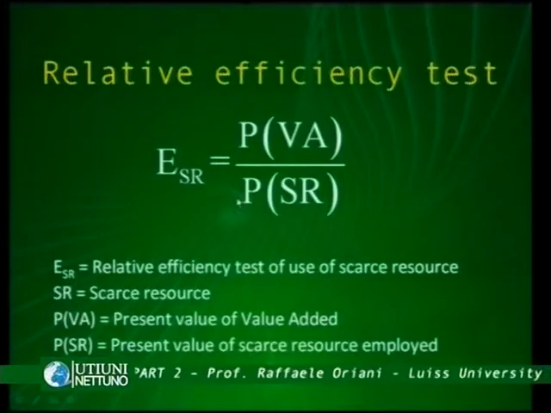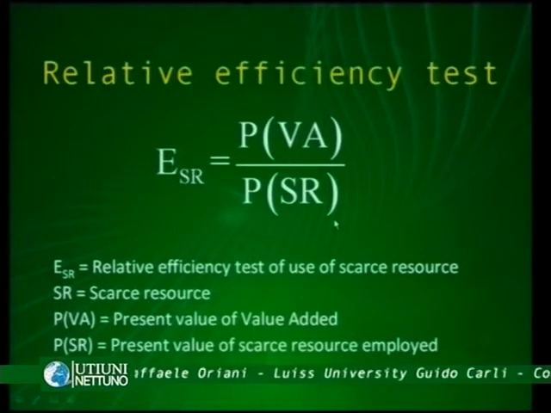So the denominator of this expression, the PSR, that is the present value of scarce resources, should be measured on accounting values of scarce resources rather than market values. This applies in conditions where there are strong distortions of market prices, one of which is when the resource is highly scarce, and so its economic value can differ from its market price.